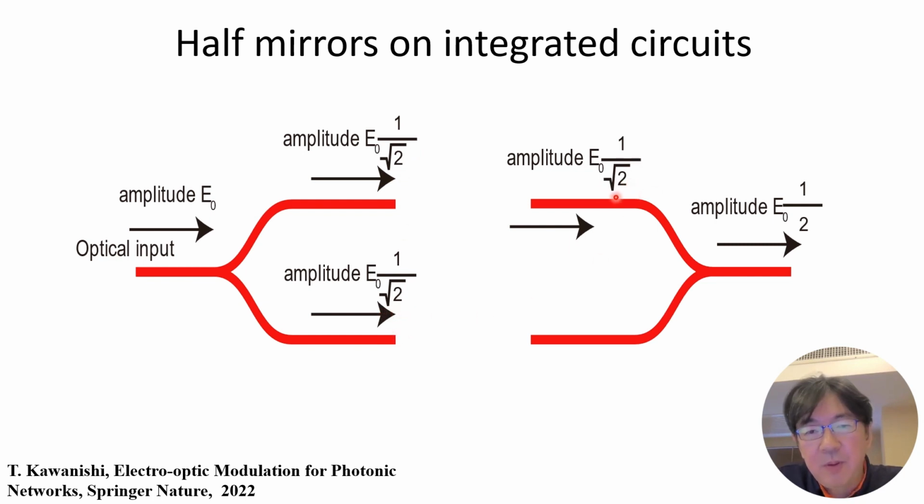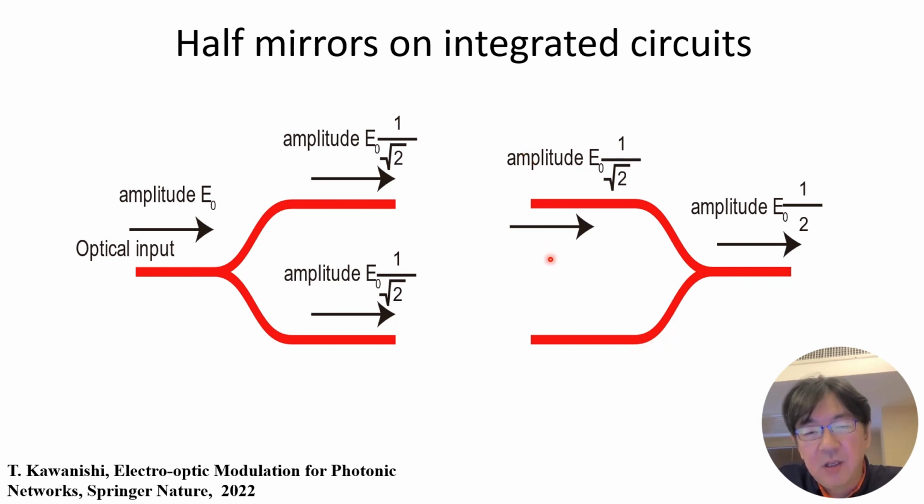But if we put the light wave here, the output signal would be described by this, because 50% of the optical power would be radiated to the radiative mode if we put the optical signal only here. This is a very important point to understand the Y junction.